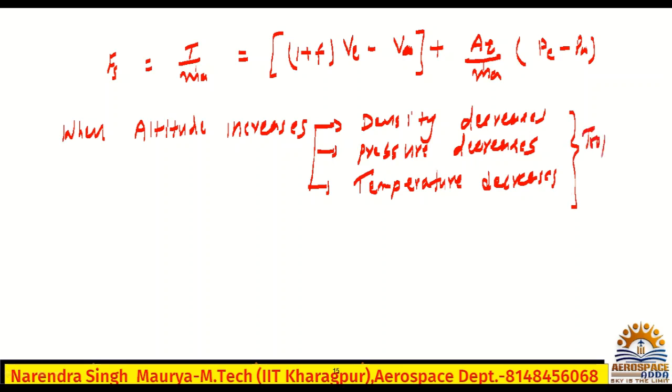So for the troposphere I'm writing here. In the stratosphere temperature will be constant, while density and pressure will be decreasing. Anyway, once altitude increases, density decreases, pressure decreases, temperature decreases.